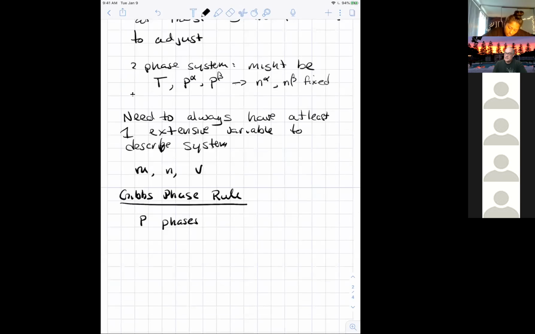We have P phases. There's a total of 3 independent variables that we need to describe the system. So it turns out for each phase, we need an extensive variable to describe the system.